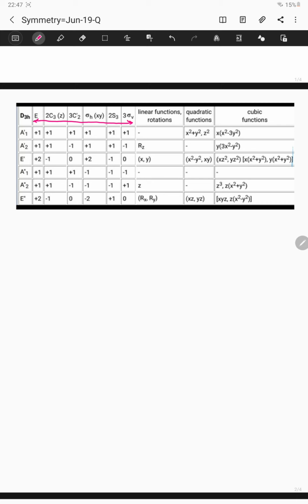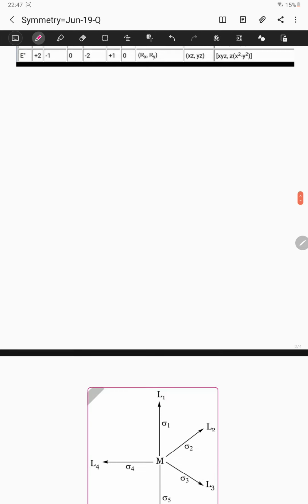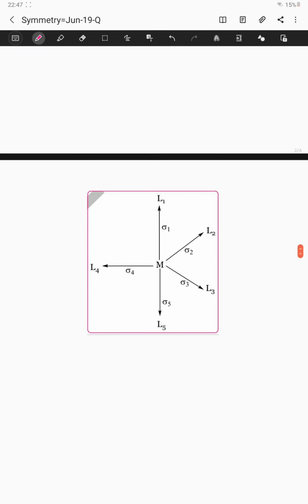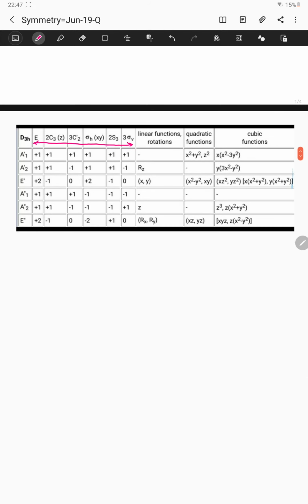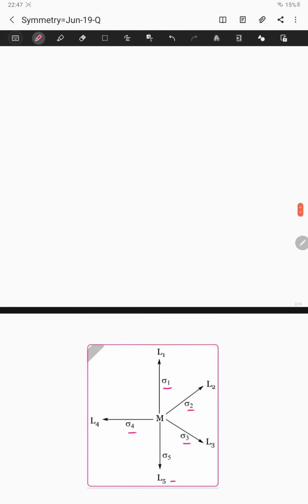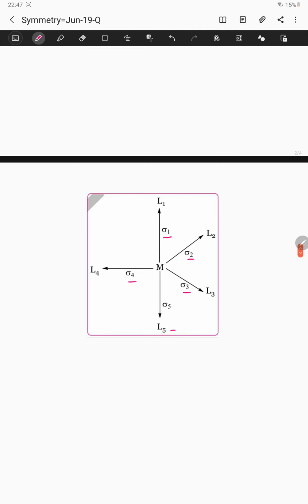Now the approach is, when I look at the diagram, this is the geometry where we can find 5 sigma bonds, sigma bond 1, 2, 3, 4 and 5. So whatever symmetry elements the trigonal bipyramidal geometry has, we have to operate each symmetry element onto the 5 sigma bonds that are present in the geometry.